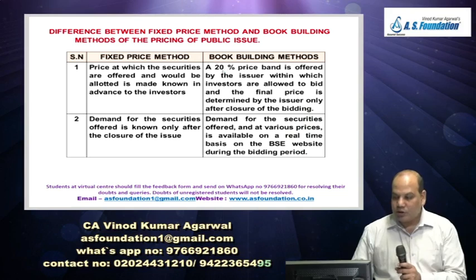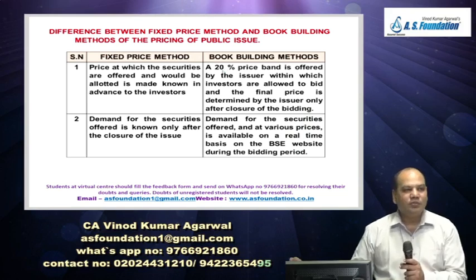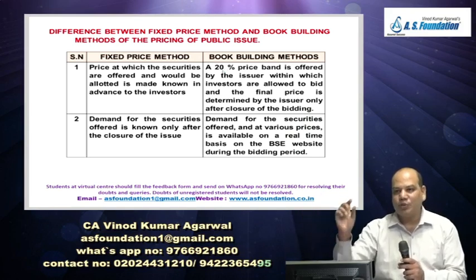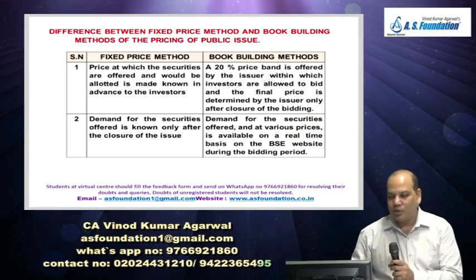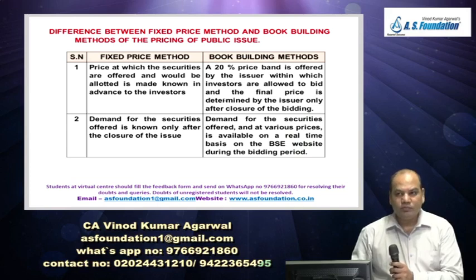Okay. 20% is the maximum gap that is possible between the two prices, lower and the upper price, within which investors are allowed to bid. And the final price is determined by the issuer only after the closure of the bidding.